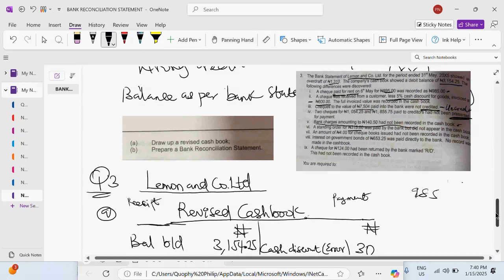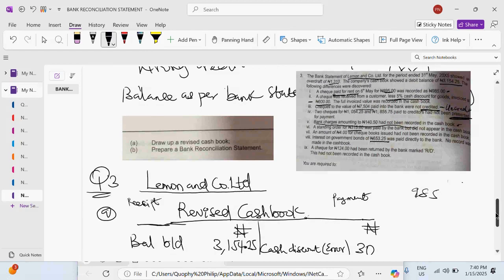Then interest on government bonds of 653.25 was paid directly to the bank. No record was made in the cash book. So will it come to the cash book or would you go to the bank reconciliation statement?